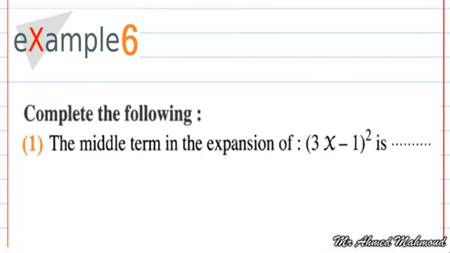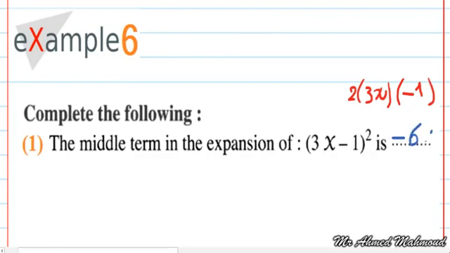Then the middle term here will be, as we took before, 2 times 3x times negative 1. It will be 2 times 3 times negative 1 equals negative 6x.